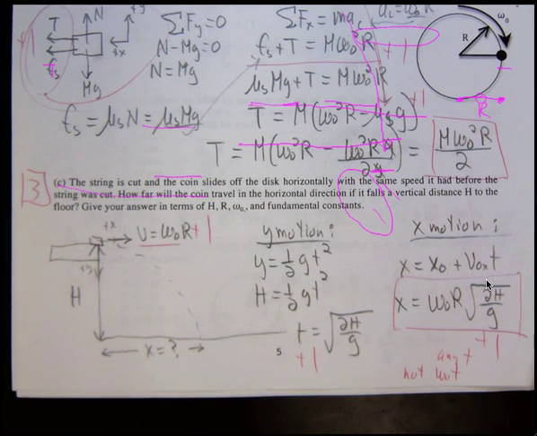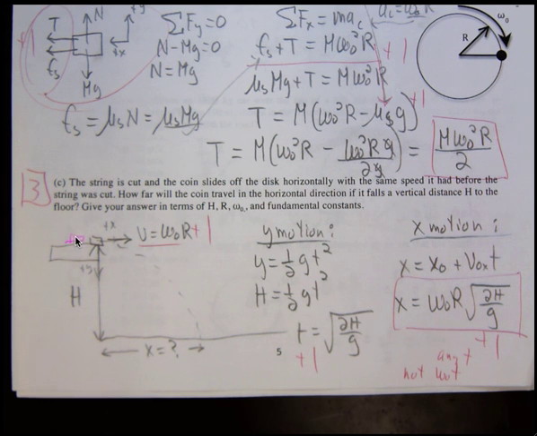And then finally, we have a projectile problem. And so the string is cut, so the coin slides off. We know it's going to. And we want to figure out how far it will go before it lands, how far in the horizontal direction. And so it is going tangentially, and so we are looking, I guess really it would be here when it comes off.